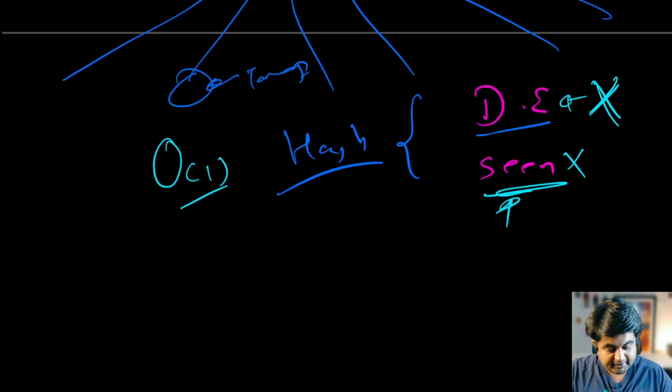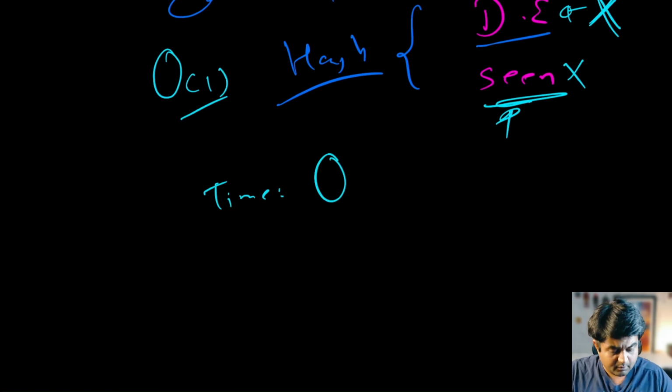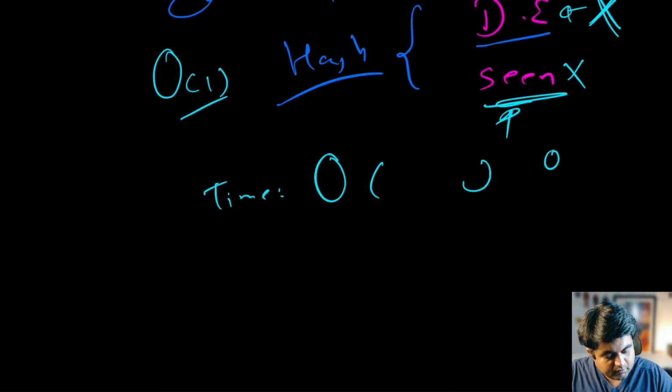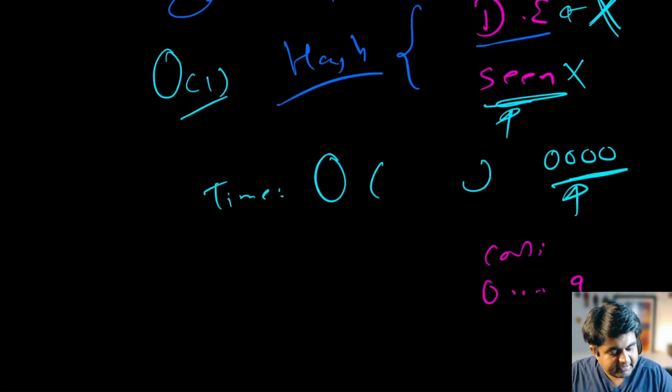Now, what is going to be the time complexity in this problem? The time complexity for this problem is actually going to be constant. Why? Because we are for sure given that there are only going to be 4 different possibilities within a lock, so the maximum number of combinations we can have is going to be 0 all the way up to 9999.